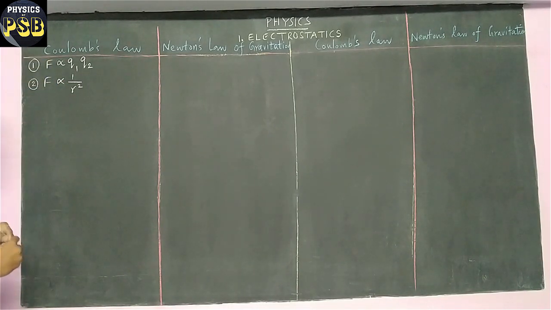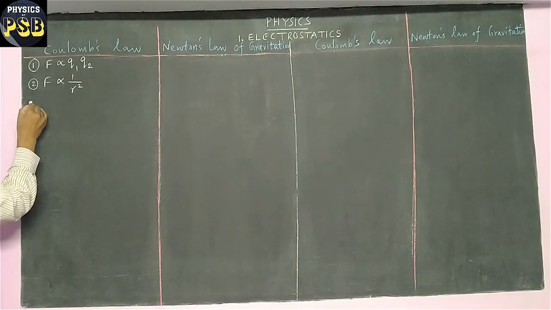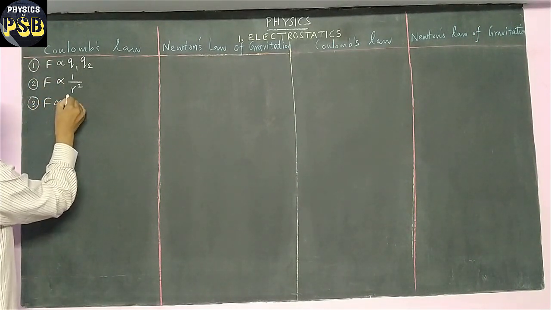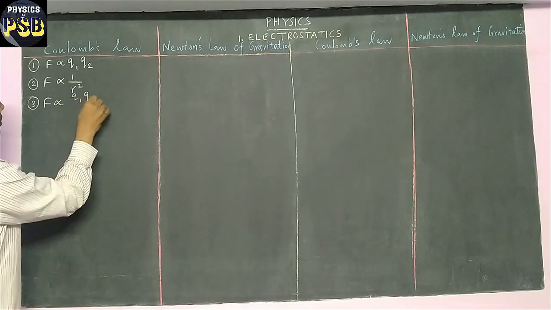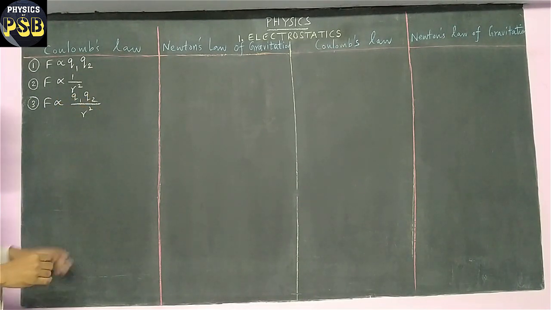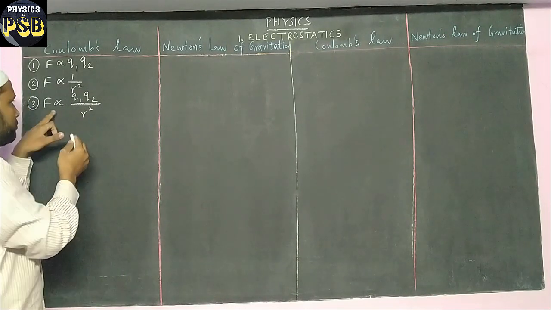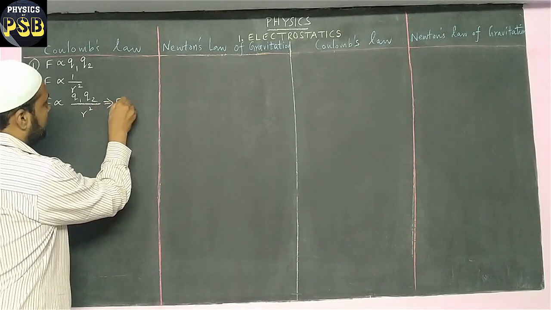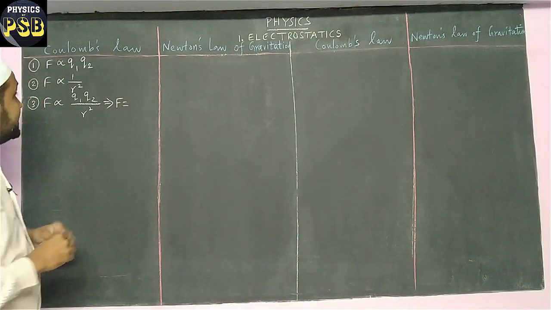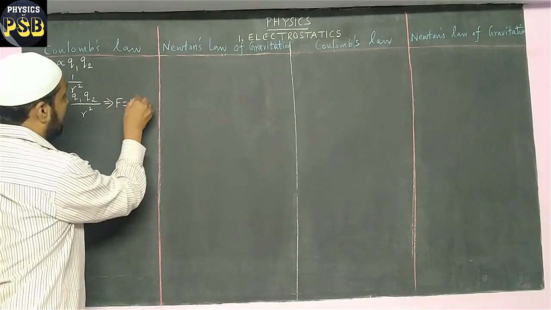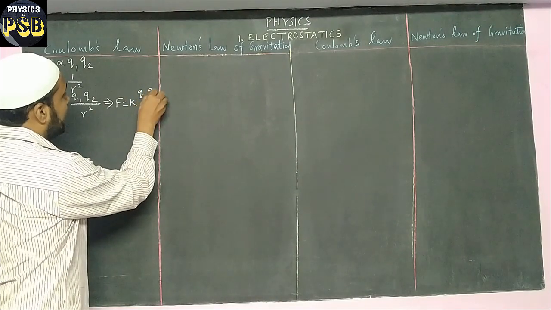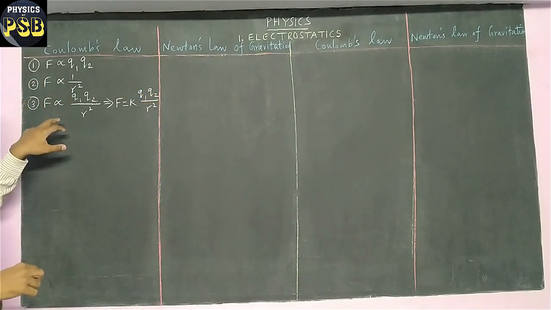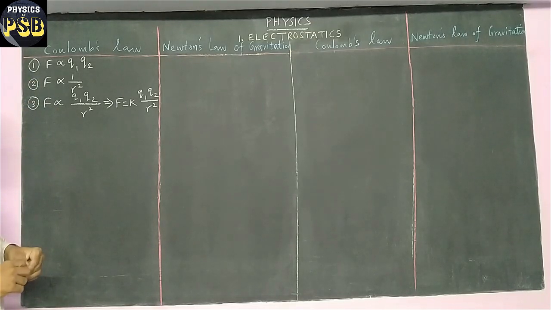On combining these two expressions, we get the final expression which appears something like this: Q1 Q2 upon R square. Now, on removing proportionality, we get this equation which we call Coulomb's law. Here K is a constant included on the removal of proportionality.